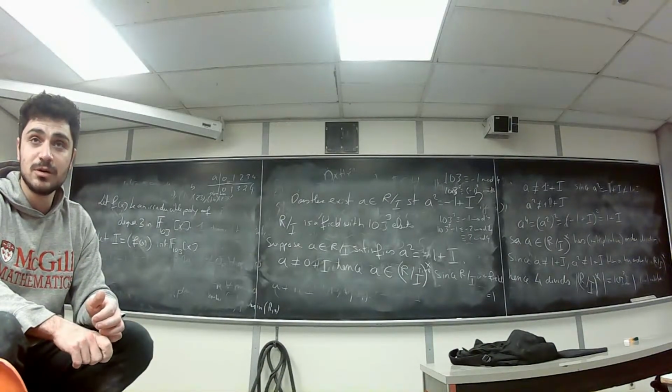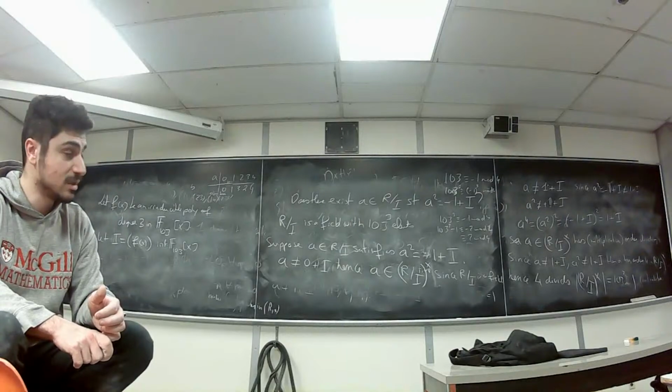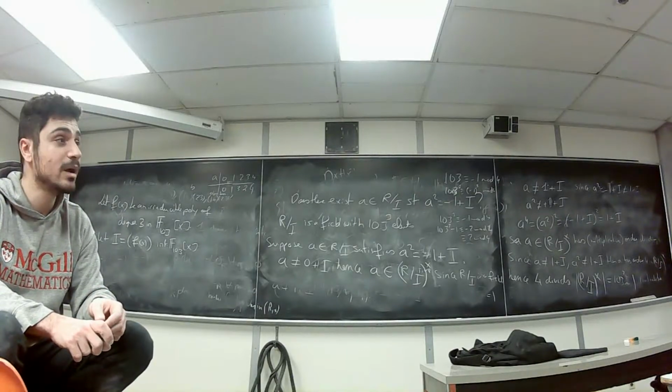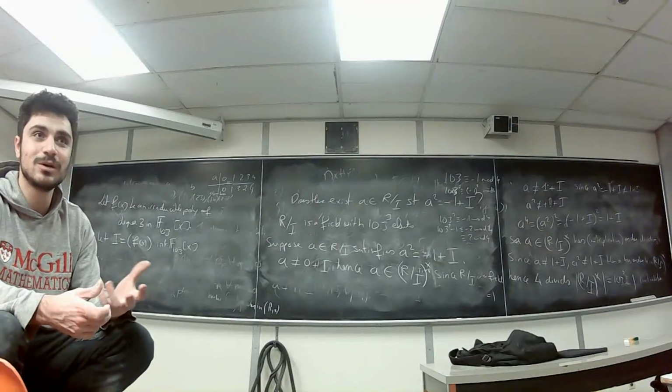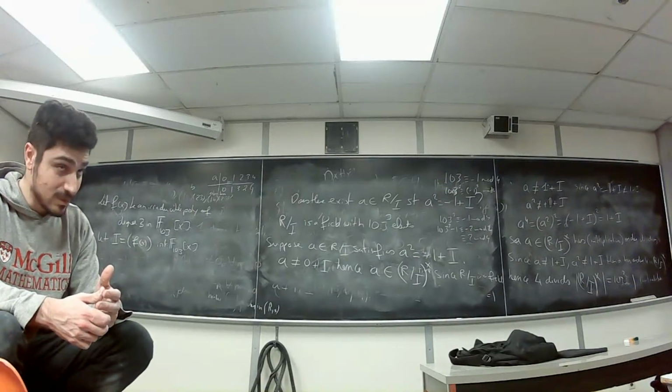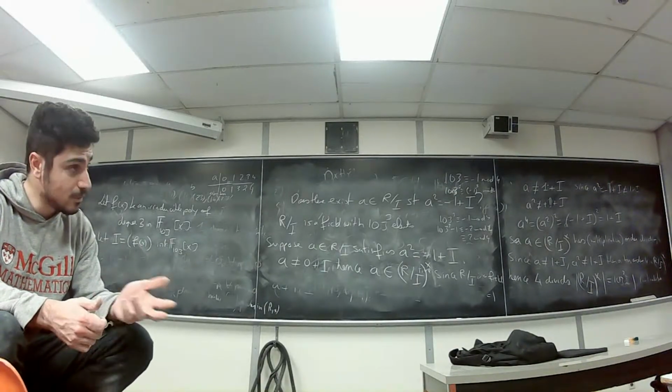Why? No. What do you answer? 27 minus 1 is not divisible by 4. Exactly.